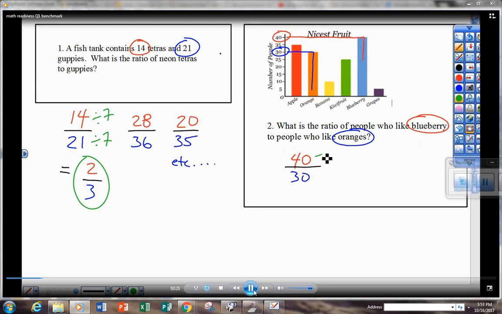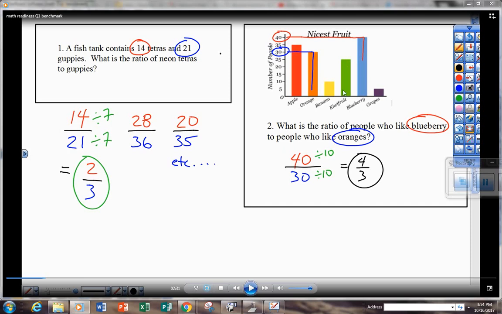Alright, the first problem I'd like you to do to prove to me that you have watched this and get a similar answer to 4/3, I would like you, for number 1, from this table, or I'm sorry, from this bar graph, what is the ratio of kiwi fruit, which is 25, to blueberry?